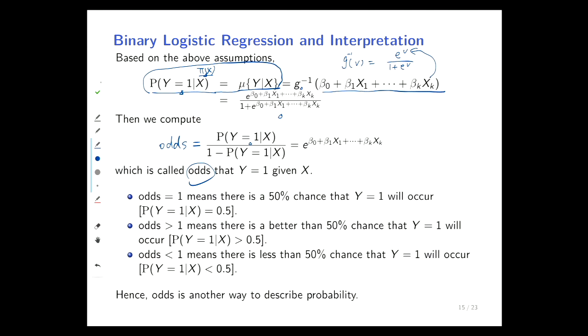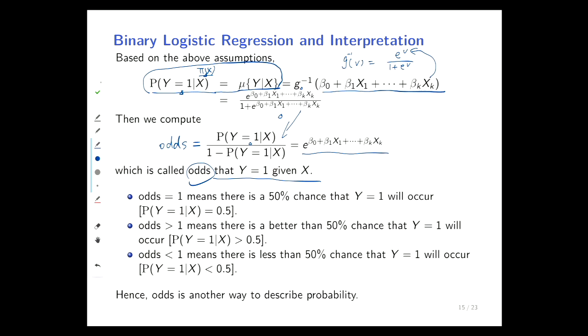We call it the odds that y equals 1 given x. Based on this definition, we can plug in those probabilities and obtain the exact expression of these odds. The expression is the exponential of the linear combination.